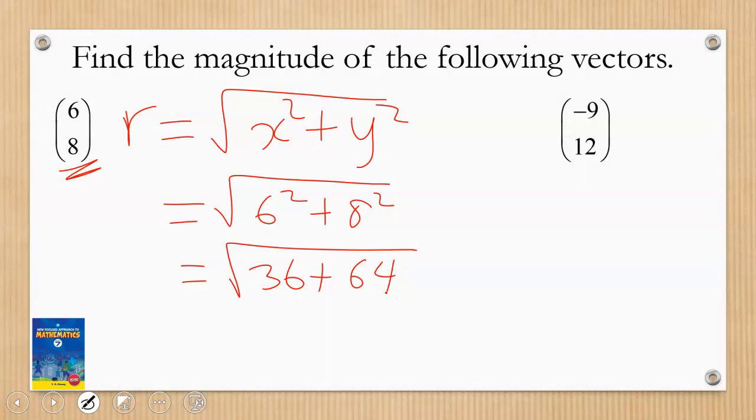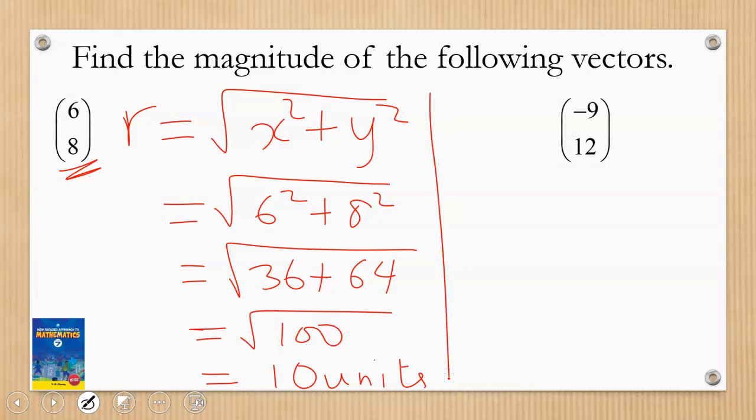That is 6 squared is 36 and 8 squared is 64. When I do the summation, I have 100. So all I need to do is to find the square root of 100. And since 100 is a perfect square, the square root of 100 will give us 10. So the distance is going to be 10 units, because I don't know whether the distance is going to be in centimeters or meters or kilometers. So I can just write the word unit to represent the unit of the distance or the magnitude.